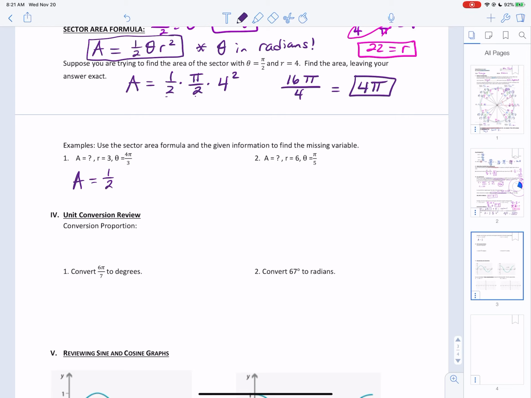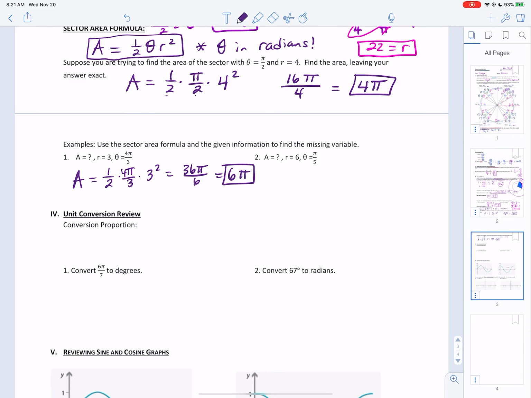1/2 theta in radians, and then radius squared. So you get 36 pi over 6. So that's 6 pi. And usually you would have some kind of units to write with that. So this right now is just units squared because it's an area.